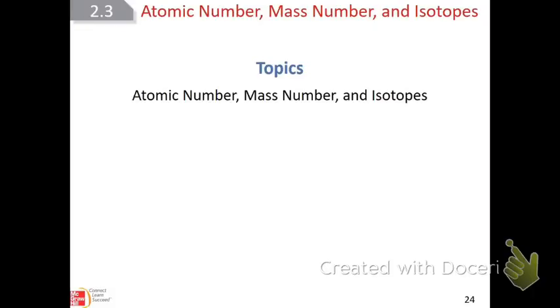The next three sections are fairly simple and straightforward as well. They encompass being able to write what are called isotopic symbols and being able to understand how the periodic table is arranged.